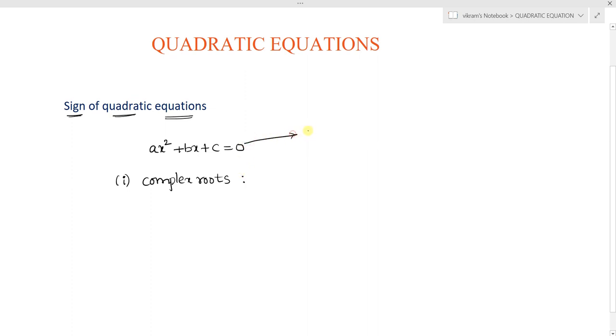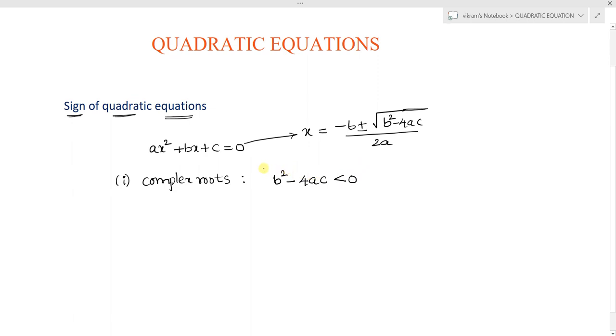We know that the roots of this quadratic equation are minus b plus or minus square root of b square minus 4ac, by 2a. The roots are said to be complex or imaginary when the discriminant b square minus 4ac is less than 0.